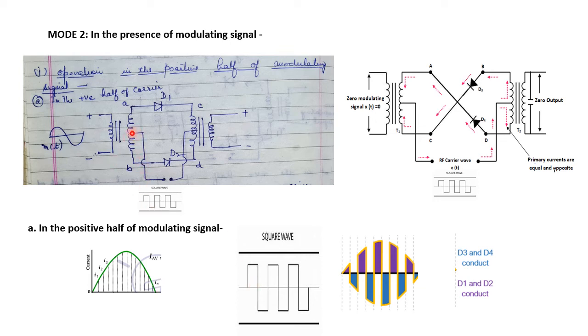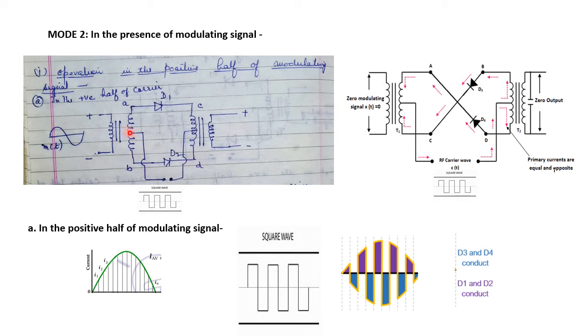This terminal of the secondary tapping will be positive. That is, the terminal which is connected to the secondary of the input transformer will be positive, and the end which is connected to the primary of the output transformer will be negative.